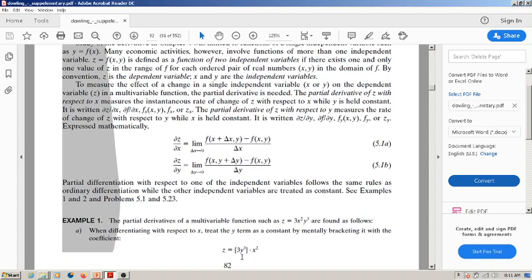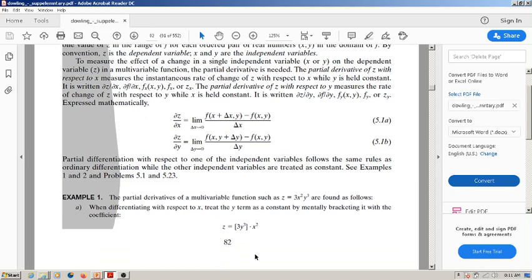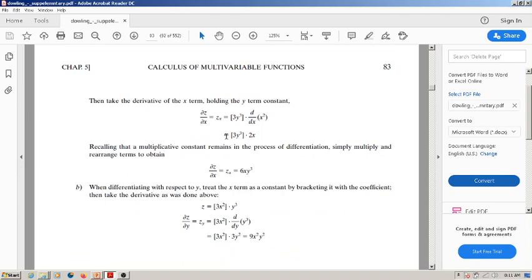So, z is equal to, we have bracketed the y term, the constant 3 and y cube is bracketed and x square is written. And you just want to differentiate that x term. Dou z by dou x is equal to, retain the constant as such, 3y cube. All the other variables are kept constant.